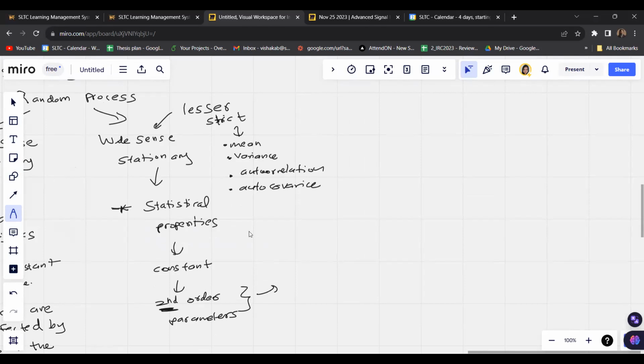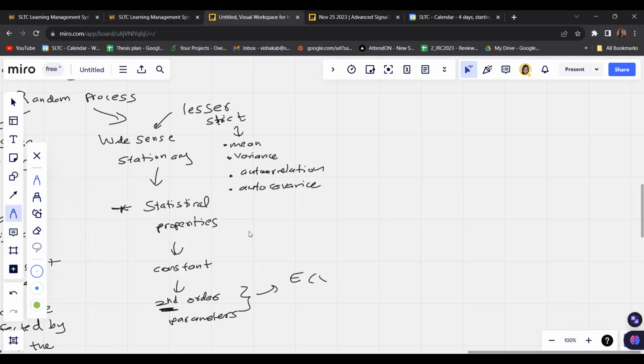The mu value is constant over all time instances. Therefore, we can say that the expectation value will be the same and it will be equal to a certain constant mu value.